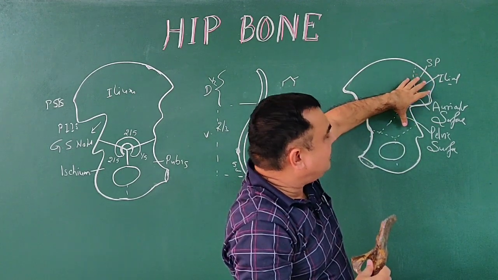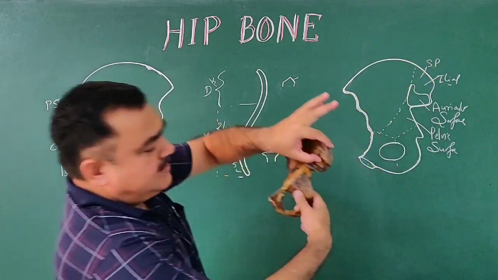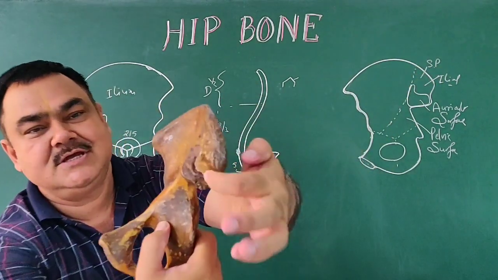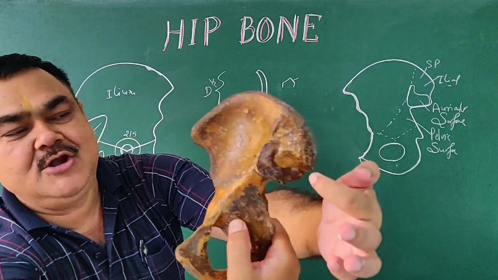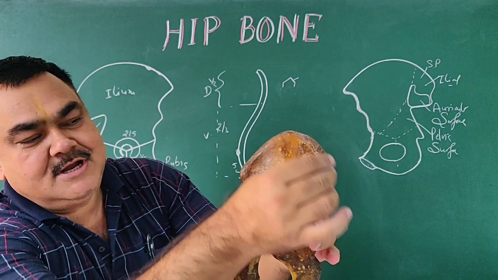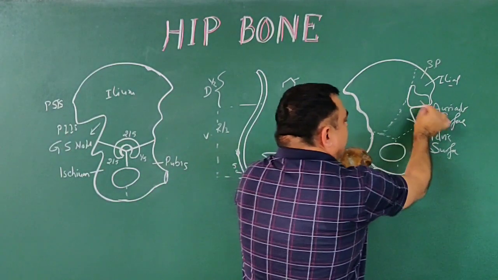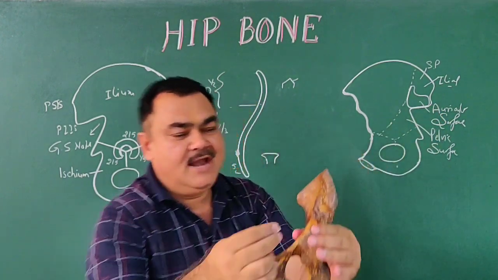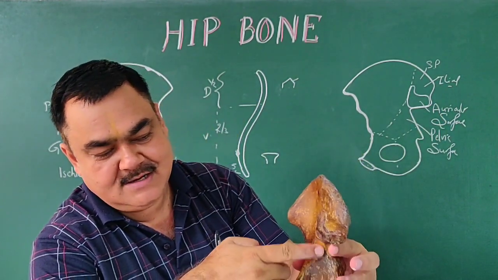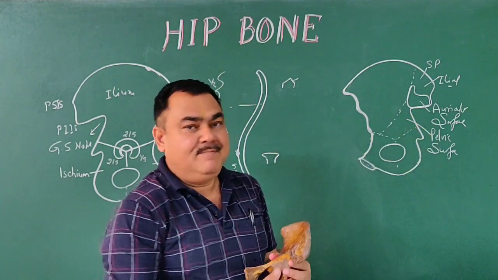The sacropelvic surface is again divided into the iliac tuberosity, this upper part, and this part is the auricular area, the auricular surface. Below this is the pelvic surface, or pelvic part.